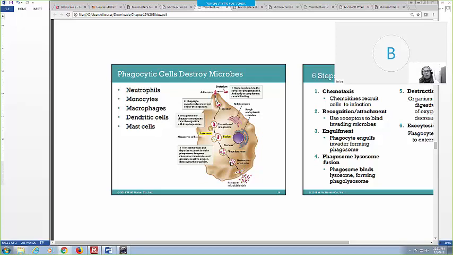And once it's broken down, the virus can't infect any cells anymore, and the bacteria is dead, so it can't attach or colonize or anything. So it's harmless, and then the contents are released by exocytosis, which is kind of the opposite of how it gets in. It gets in by endocytosis, meaning inside the cell, and out by exocytosis. So if you know those steps, then you're all set for that.